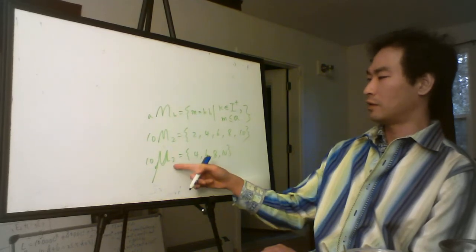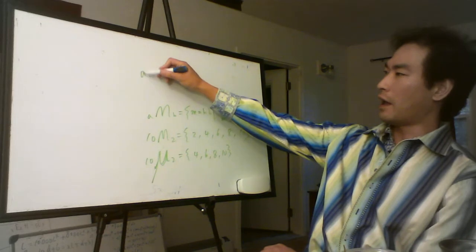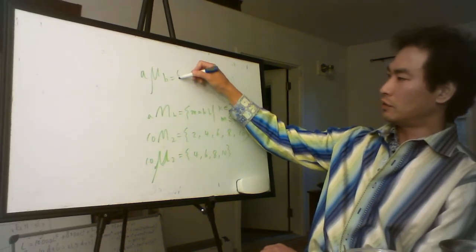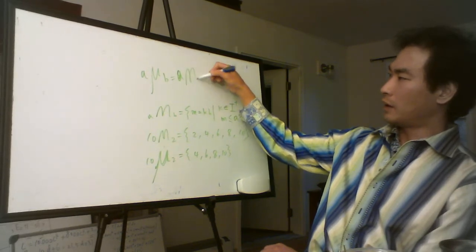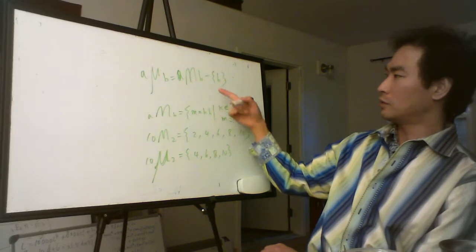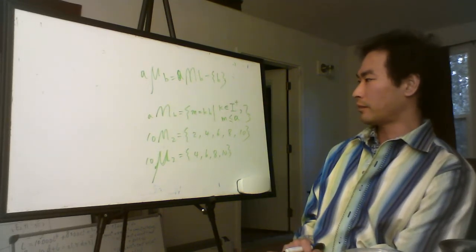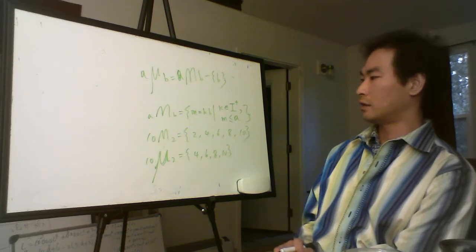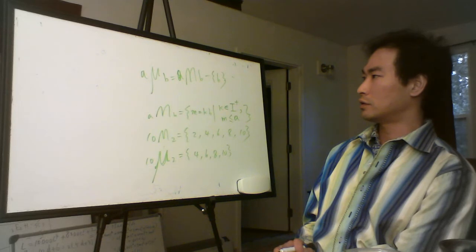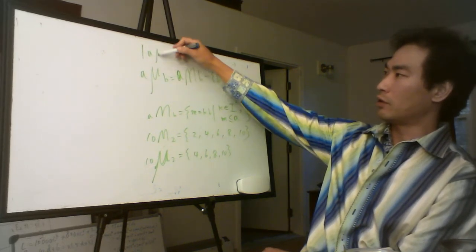Everything except the 2. So a mu b is equal to a m b minus b, which is the same as just b. It's that subtraction. Okay, so we have that, and we know what absolute value is. Well, how many members are here?